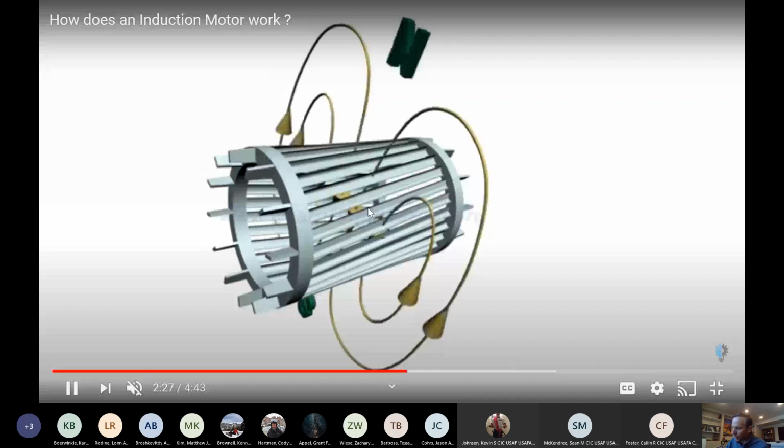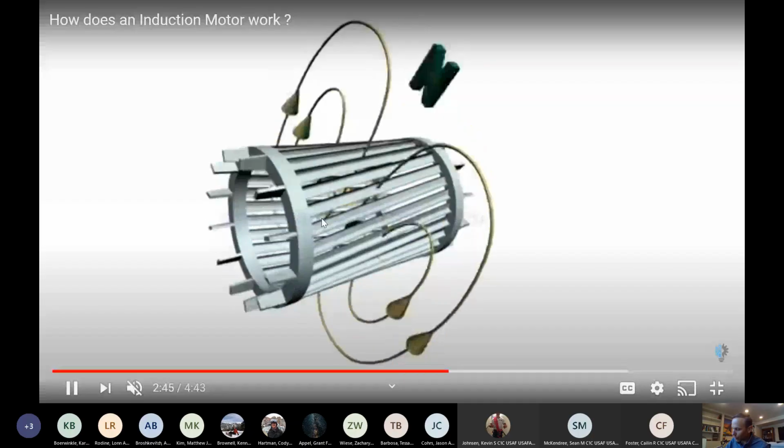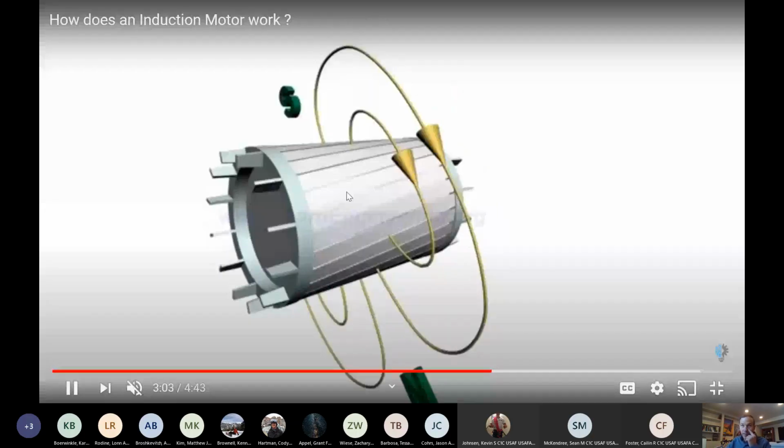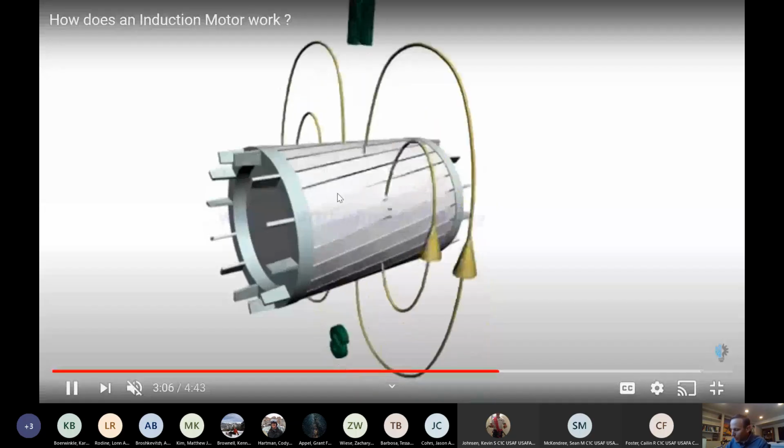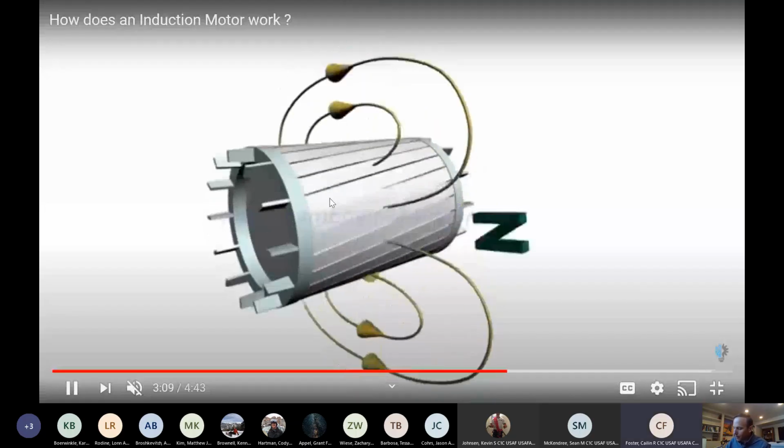We know from physics that if you have a changing magnetic field, you will induce a current. So there's current flowing through these different sides of the squirrel cage, and they put these iron cores inside the squirrel cage that helps improve the magnetic performance. But basically, a magnetic field is being induced in the rotor itself.